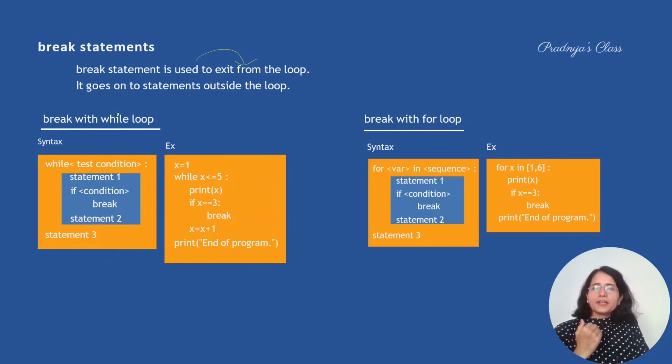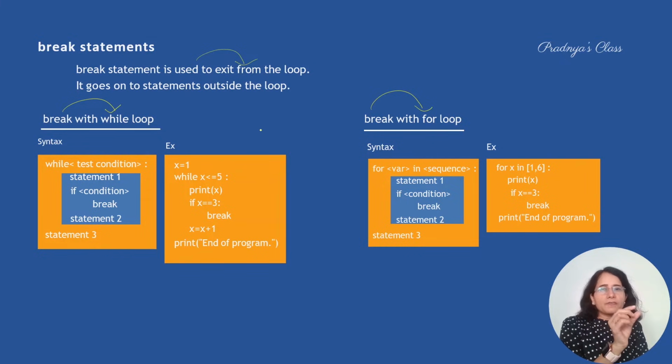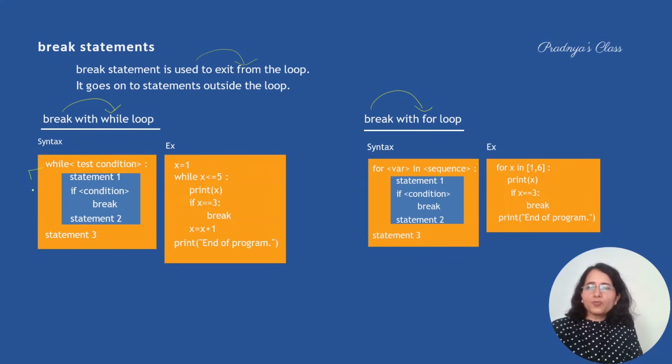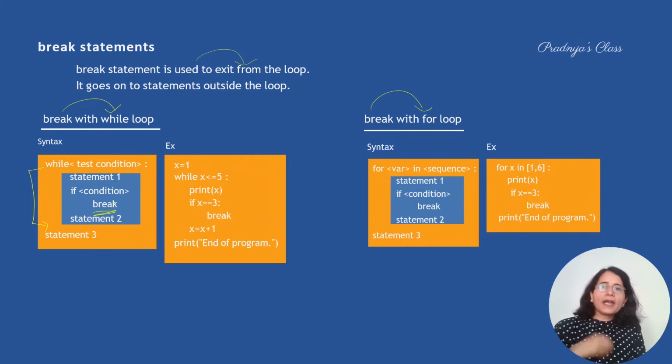Let's try to understand how we can use break with while and break with for. Generally we use the break statement along with if: if a certain condition is satisfied, then come out of the loop. You can see here there is one while loop. Inside that I am using a break statement, generally used with the if statement.